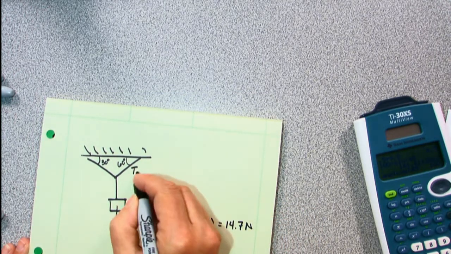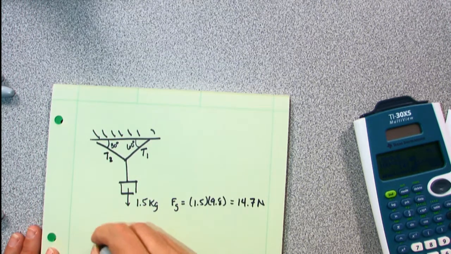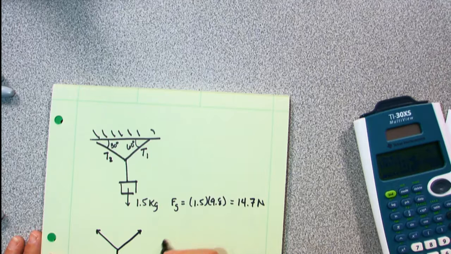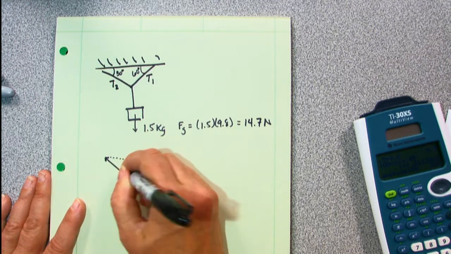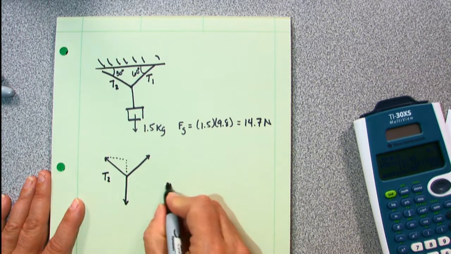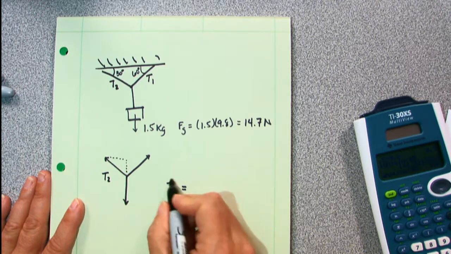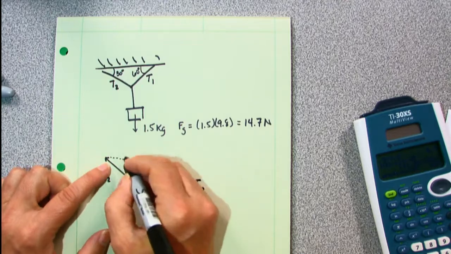We're going to call this one T1. We're going to call this one T2. My force diagram is I have a force here, I have a force here, and I have a force there. So T2 is going to equal T2 in the x direction.